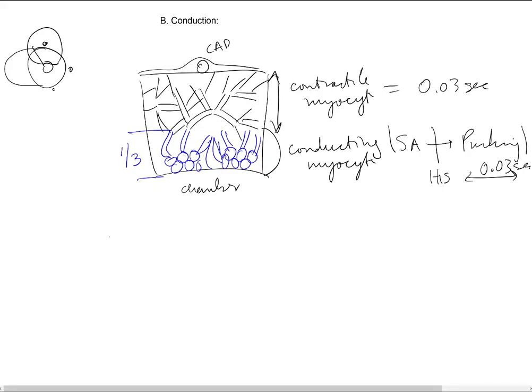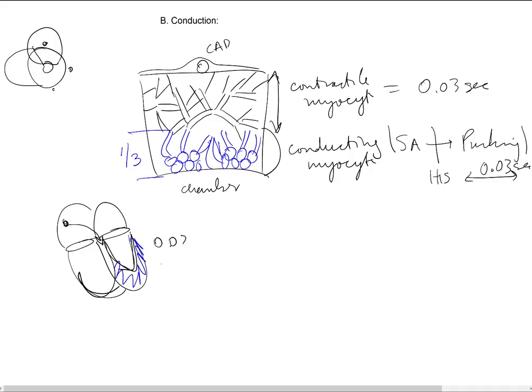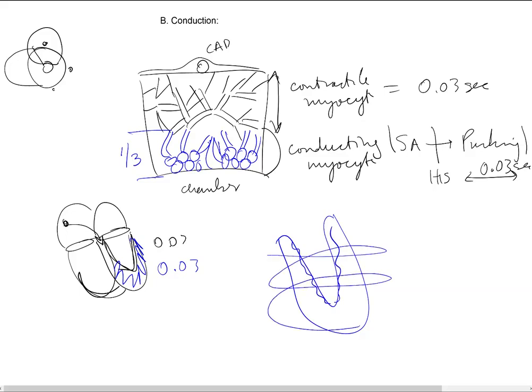If we take a look at our heart, and let's draw our chamber here, we're going to think that this conducting system, here's the delay here for the atria, is going to race rapidly at 0.03 seconds, and then it's going to spread out to the myocardium at the same rate of time. And when we take a look at what that looks like, here's our left ventricle here, we can see that it's coming down here through the subendocardial bundles really rapidly, and then these myocytes are conducted in 2 basket-like webs.